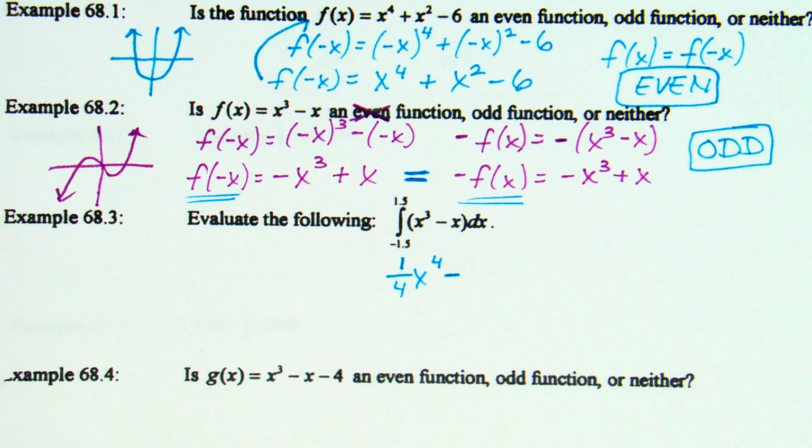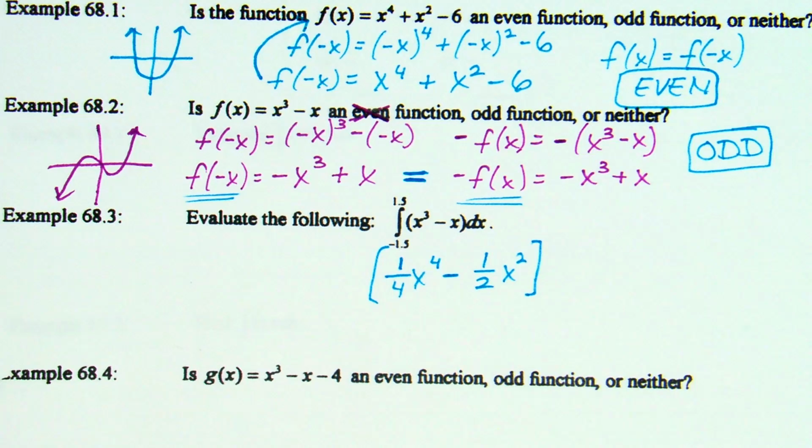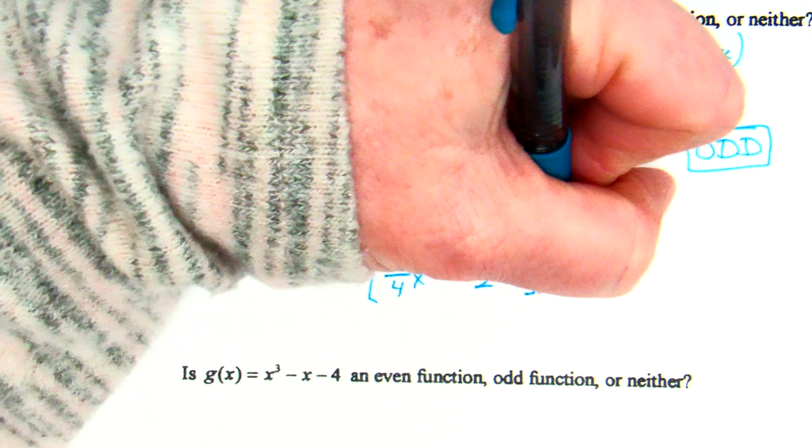Same thing though, right? I don't care which you write. Is one of them more simplified than the other, or are they the same thing? I mean, it depends on the situation. If we look at the definition, it shows us x to the 4th over 4 and x squared over 2. But I don't always like that. It depends on the situation.